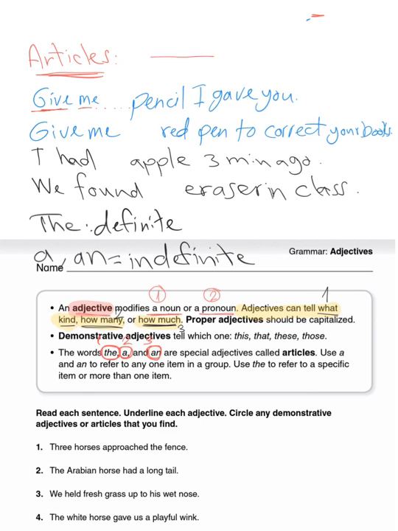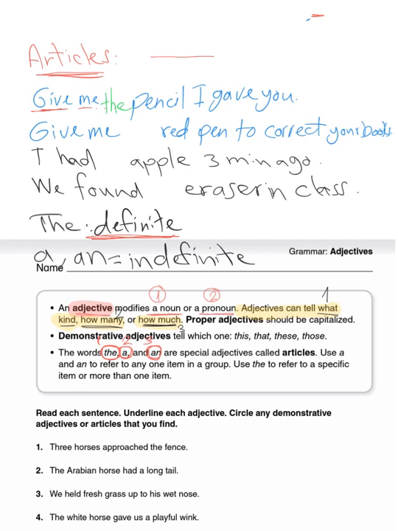And for the student that I gave him, does he know what pencil I'm talking about? Yeah, he knows. So the pencil is definite. So what shall I say here? I will say, give me the pencil I gave you. Because the pencil here is known for both the teacher and the student.